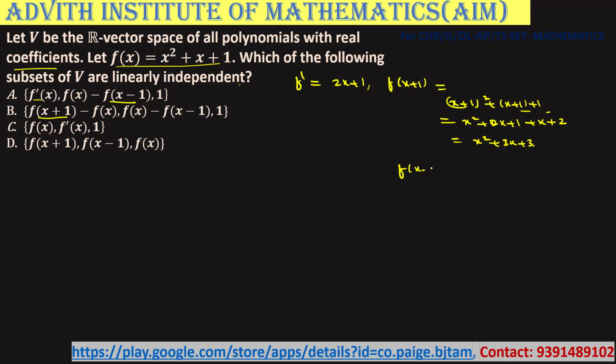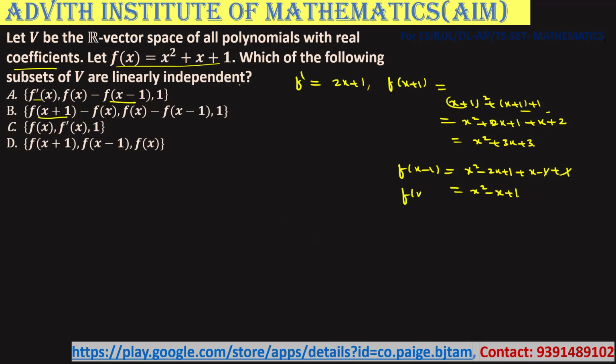And what does f of x minus 1 become? x minus 1 whole square, that is x square minus 2x plus 1 plus x minus 1 plus 1. 1 minus 1 cancels. Minus 2x plus x becomes x square minus x plus 1.